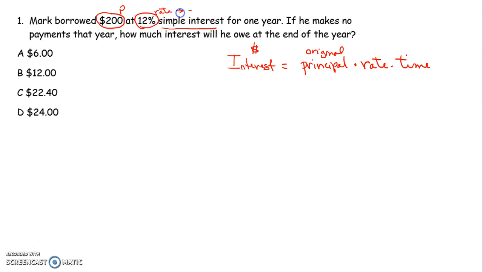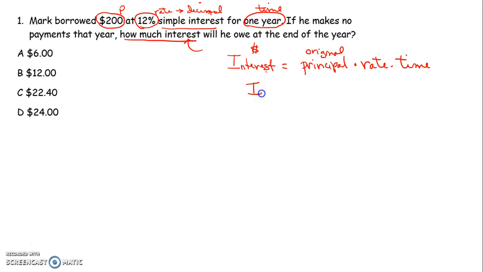You're going to want to change that to a decimal or a fraction to use it in the problem. And the amount of time is 1 year. If he makes no payments that year, how much interest? So they're looking for the amount of interest, the amount of money he will owe at the end of the year. That's the amount of extra money he'll owe. He'll still owe his original $200 plus some extra cash.